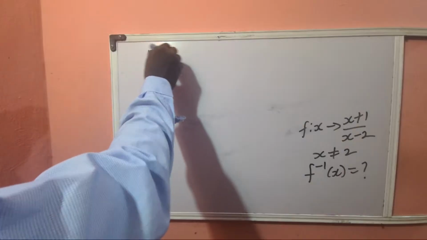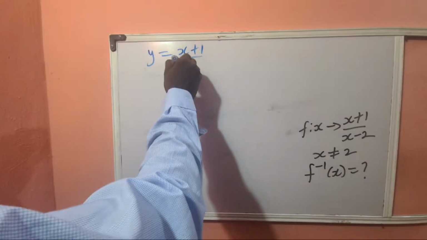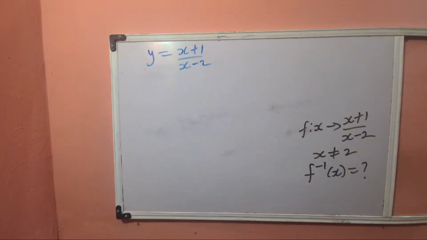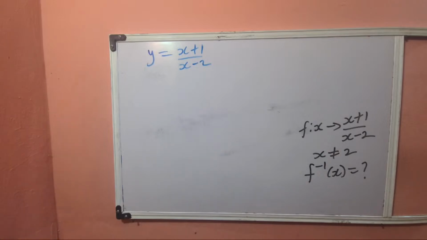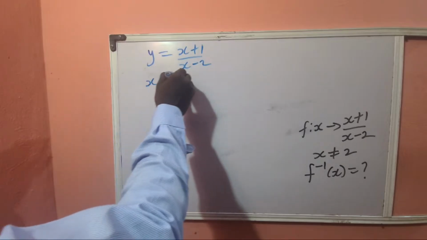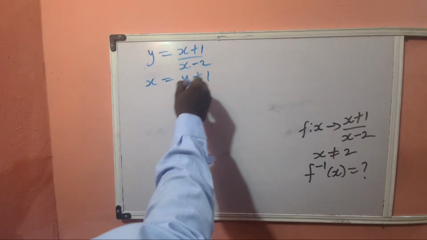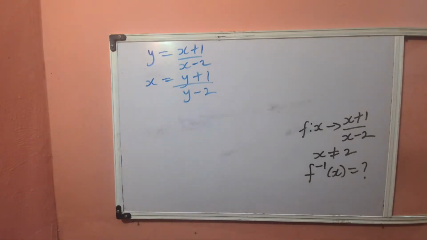So instead of f of x, I will have y equals x plus 1 over x minus 2. Then step number 2, wherever you see y, make it x. Wherever you see x, make it y. So I turn y to x, and I turn x to y.